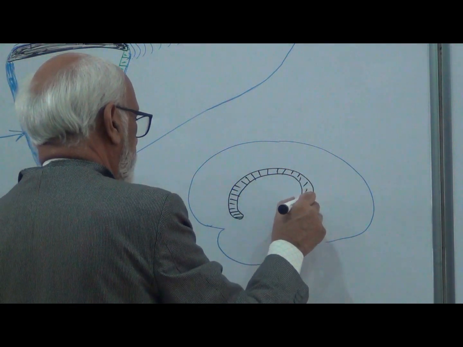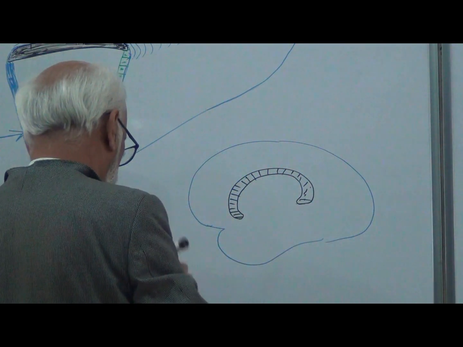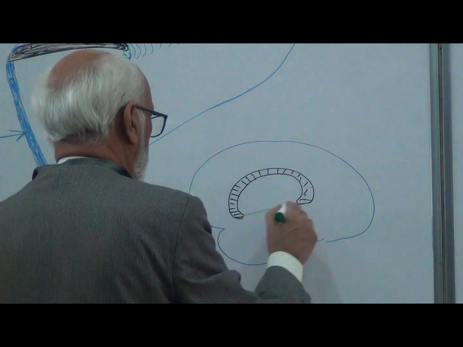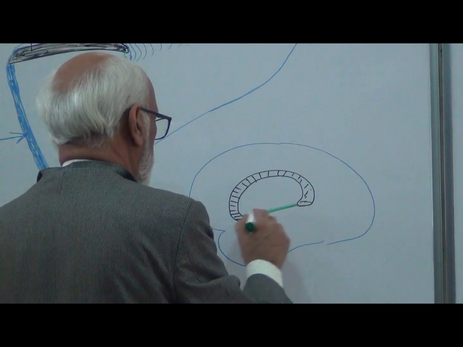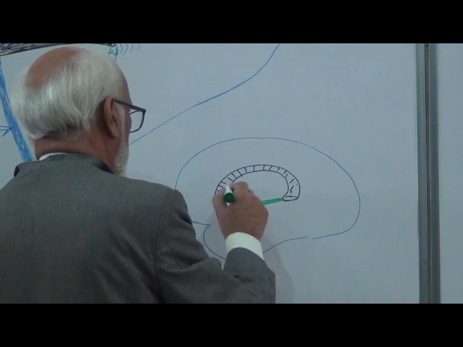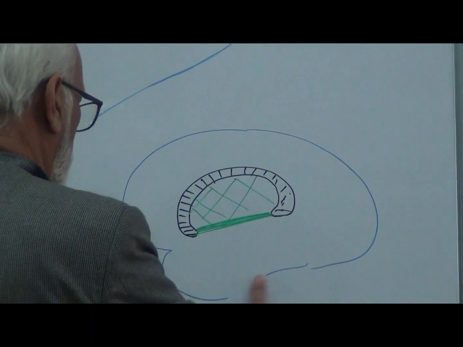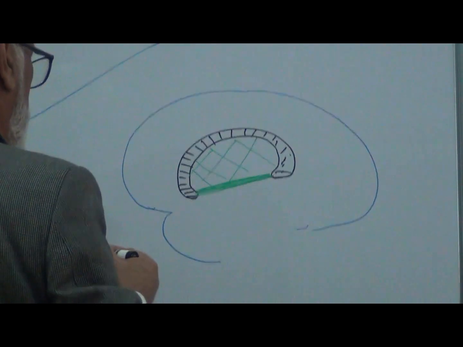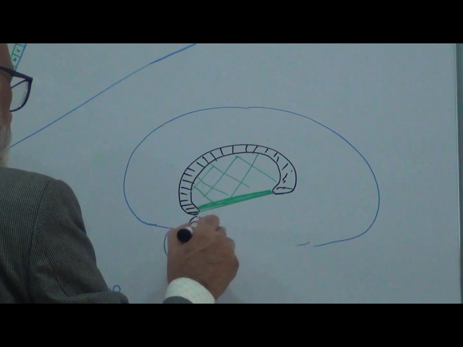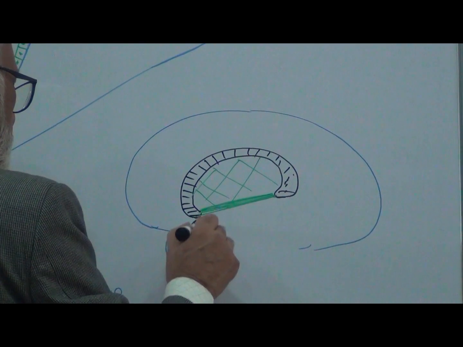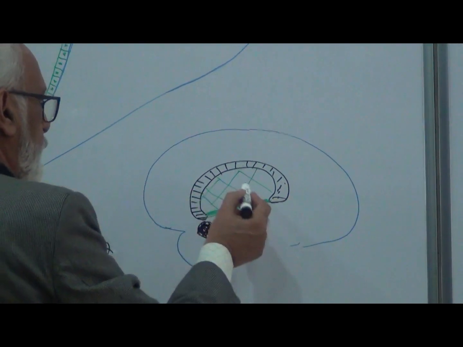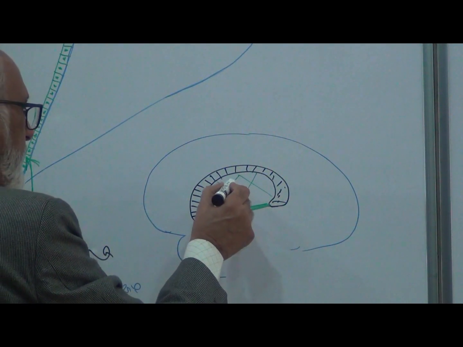This is the cut surface of the corpus callosum. This is fornix, then anterior commissure, not lamina terminalis, septum pellucidum.